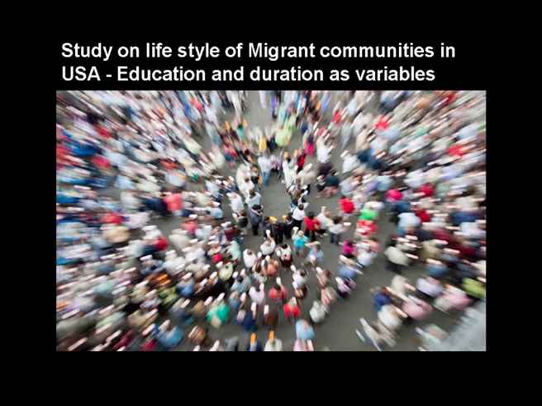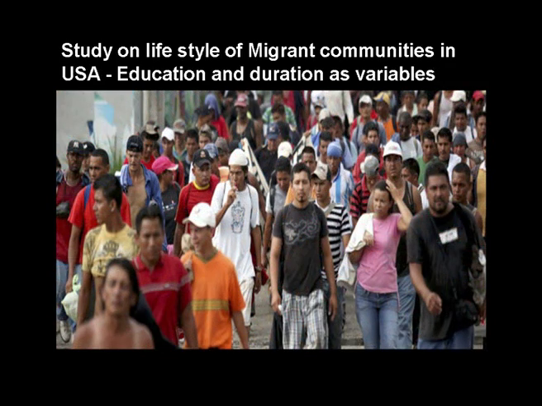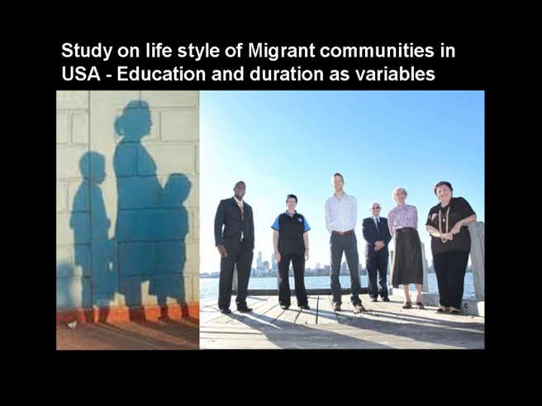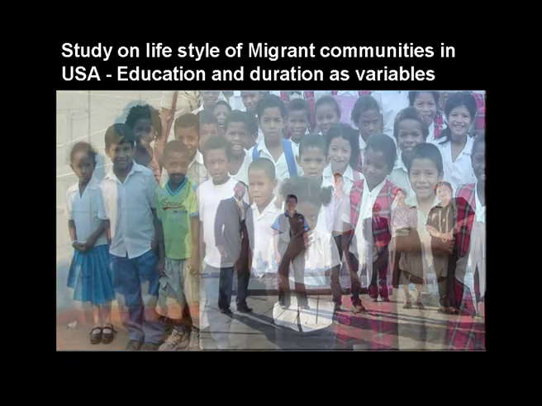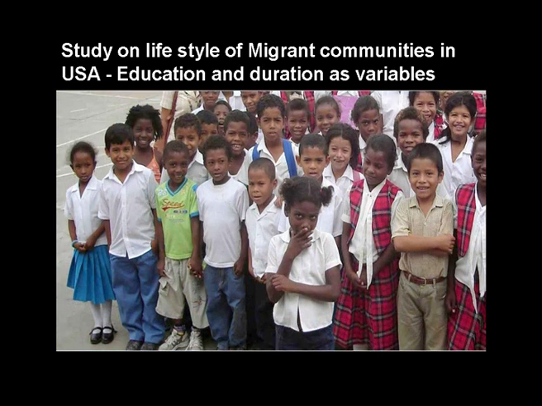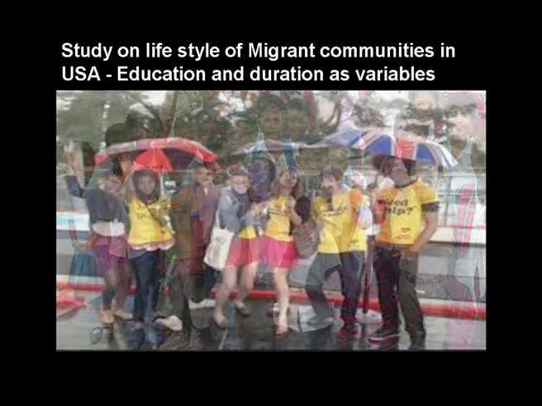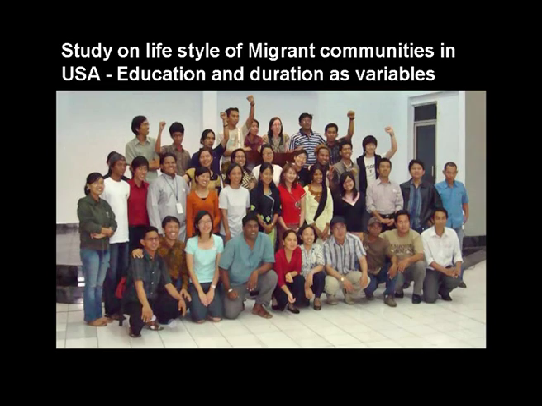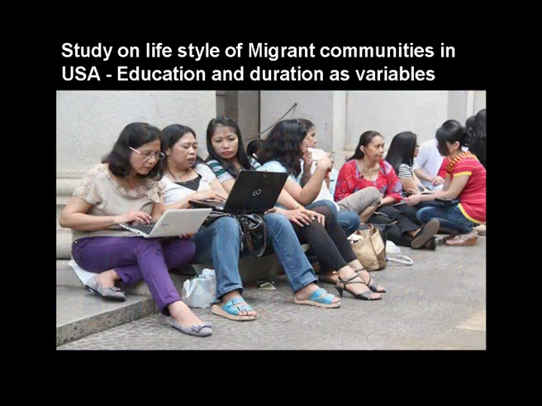For example, such studies of migrant communities in USA that explain their lifestyle seek to diagnose certain variables like education and duration of stay as variables contributing to that type of living pattern. The whole procedure of diagnostic design should be accurate and carefully planned so that it could find out or diagnose the reasons for events.